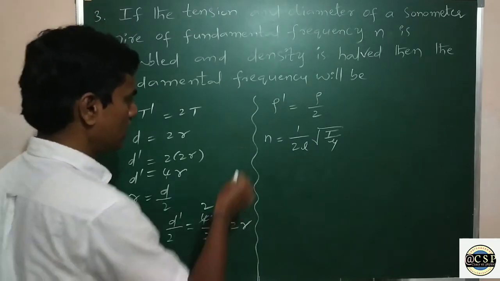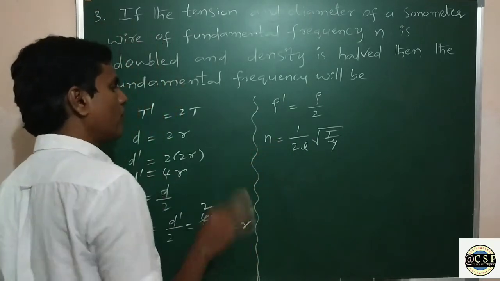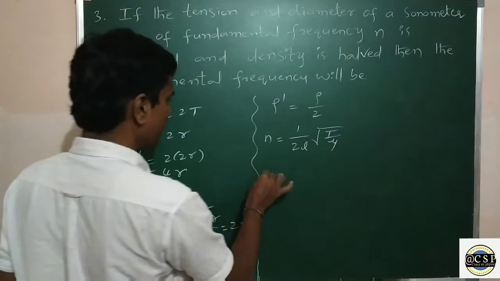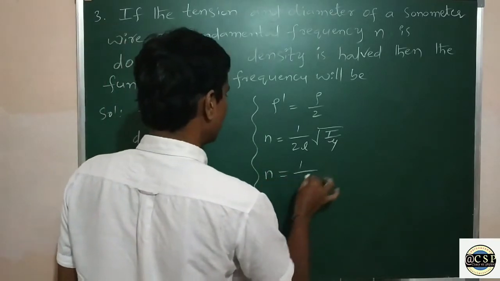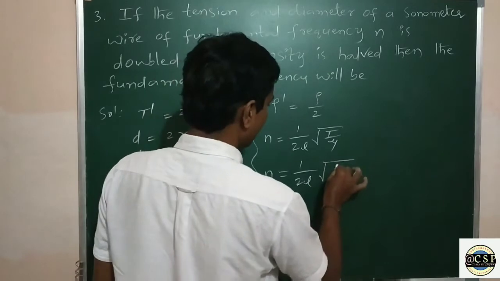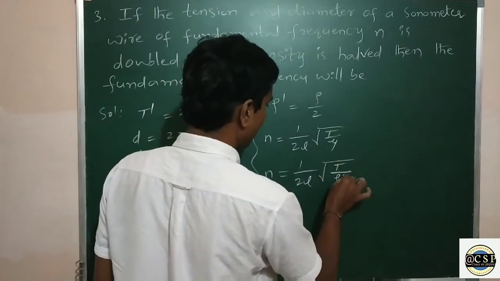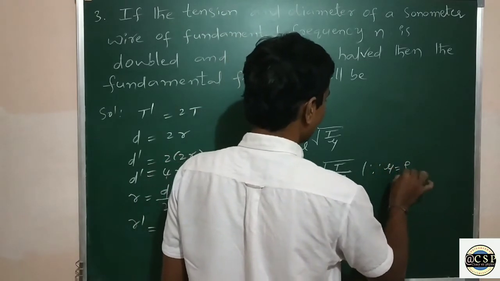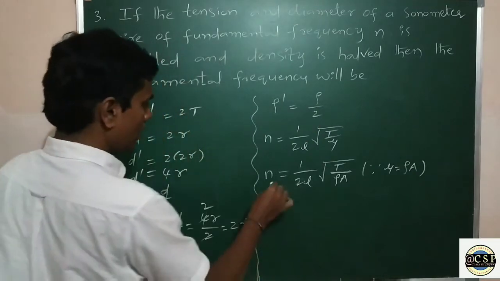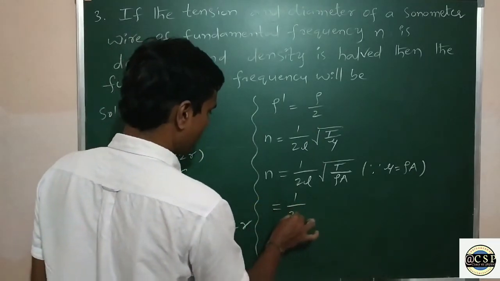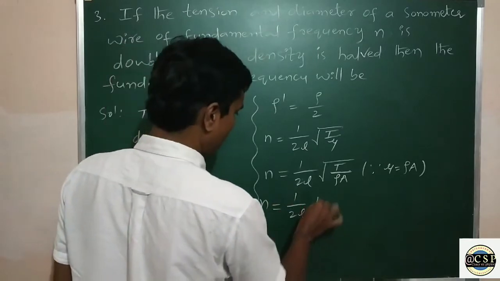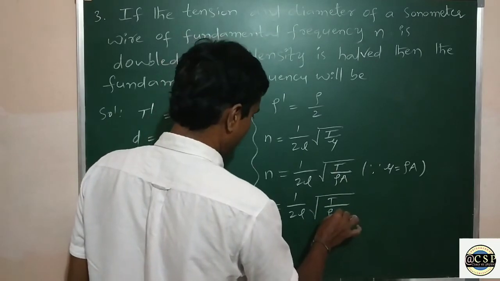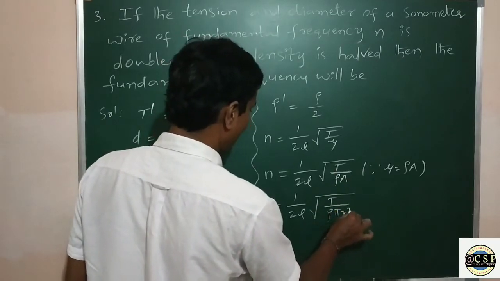Since the linear density mu is equal to rho A, N is equal to 1 by 2L root T by rho A, where A, the area of the wire, is pi r square.